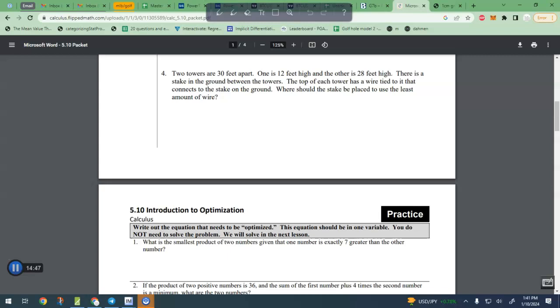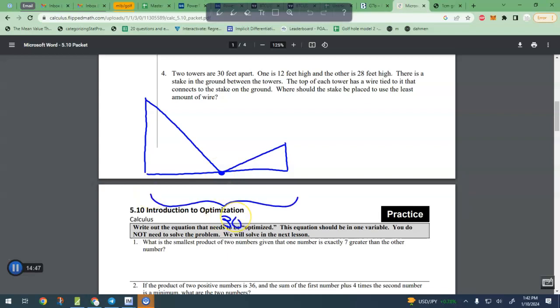Drawing the picture is extremely helpful. That's my very loose sketch drawing.